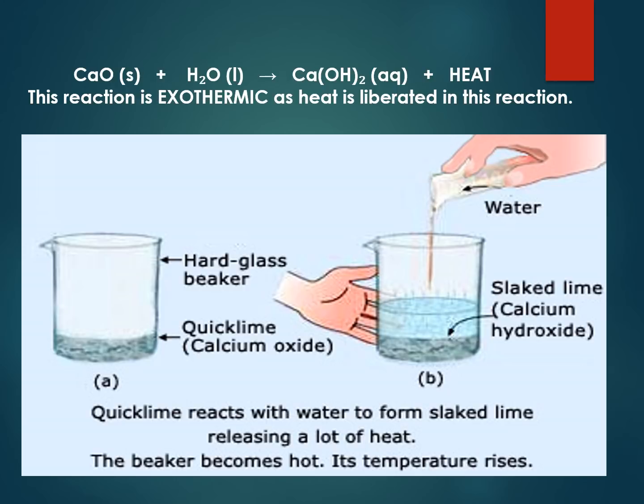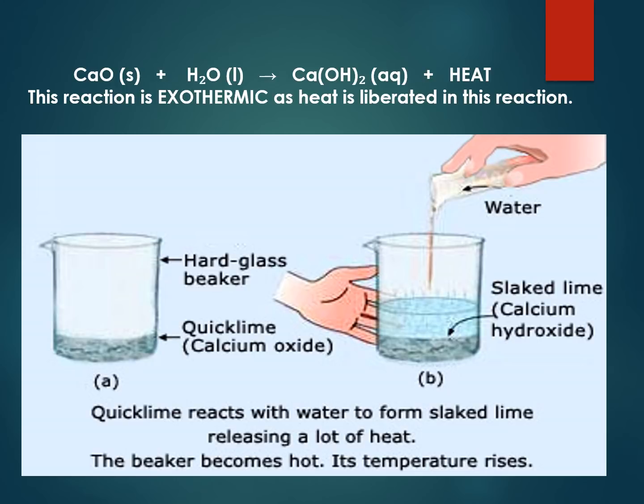Here in this picture, you can see the reaction. We can see that two beakers are there. In one beaker calcium oxide is taken and in the other we are showing the mixing of water to it. The resultant solution which is formed is calcium hydroxide.